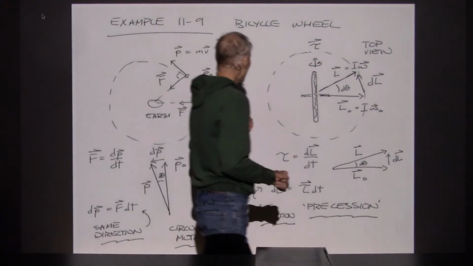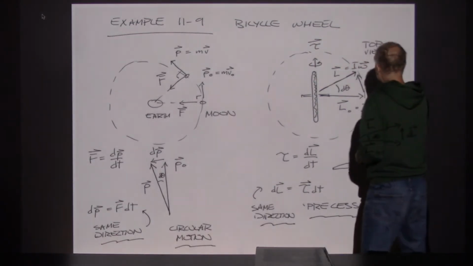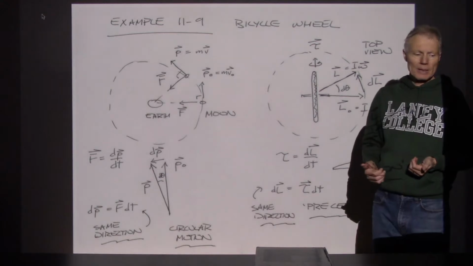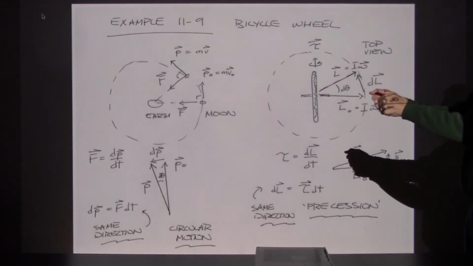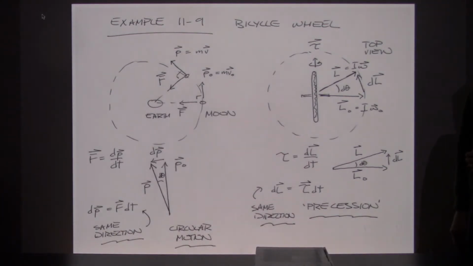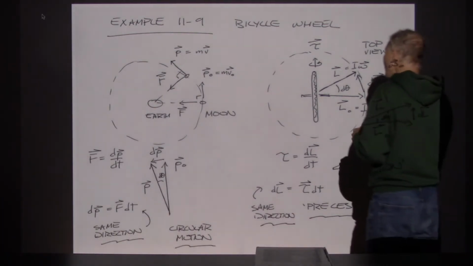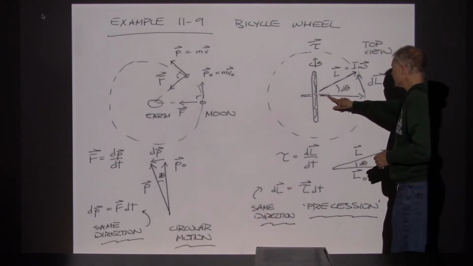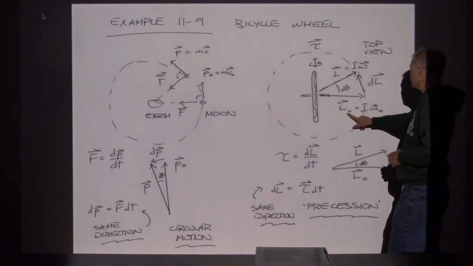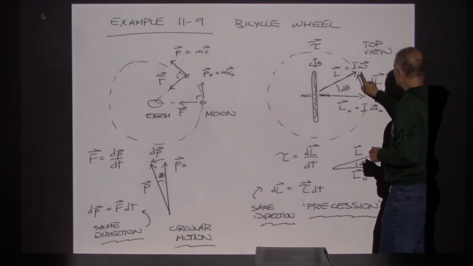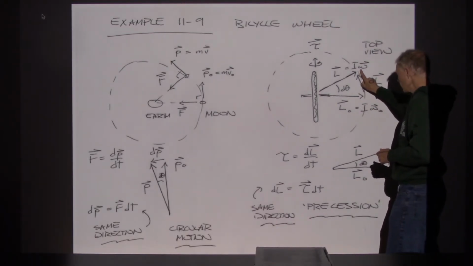Now the same thing happens with a bicycle wheel. If you start with a bicycle wheel that is not spinning and you try and tip it in a certain direction, it's easy enough to move in that direction. But when the bicycle wheel is already spinning, it's got an angular momentum already built up, and so tipping it tends to redirect the angular momentum.